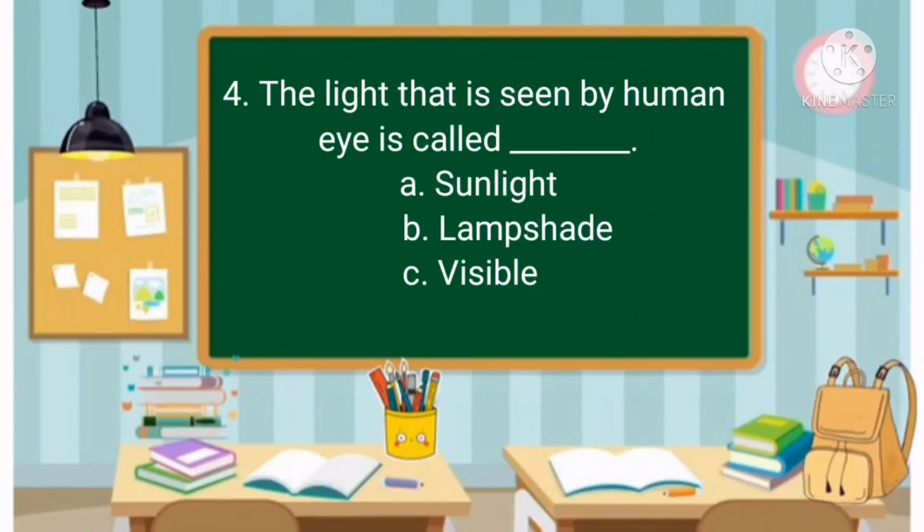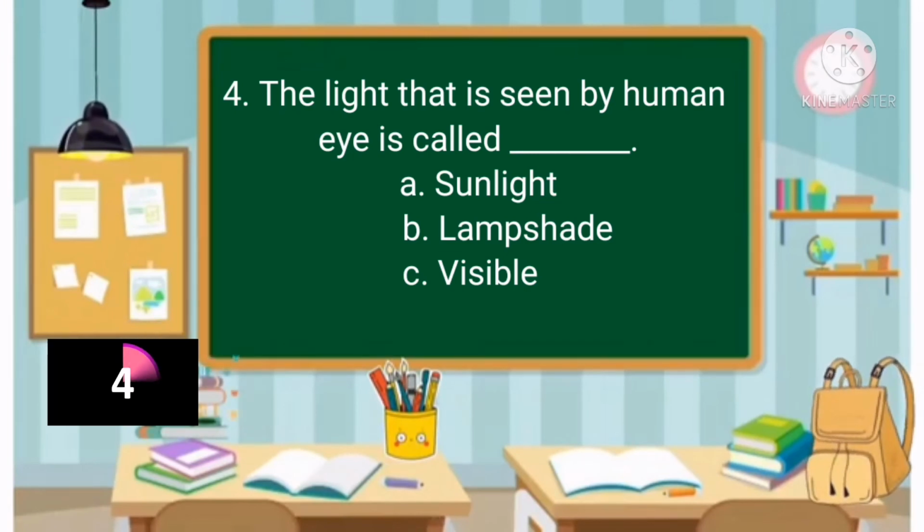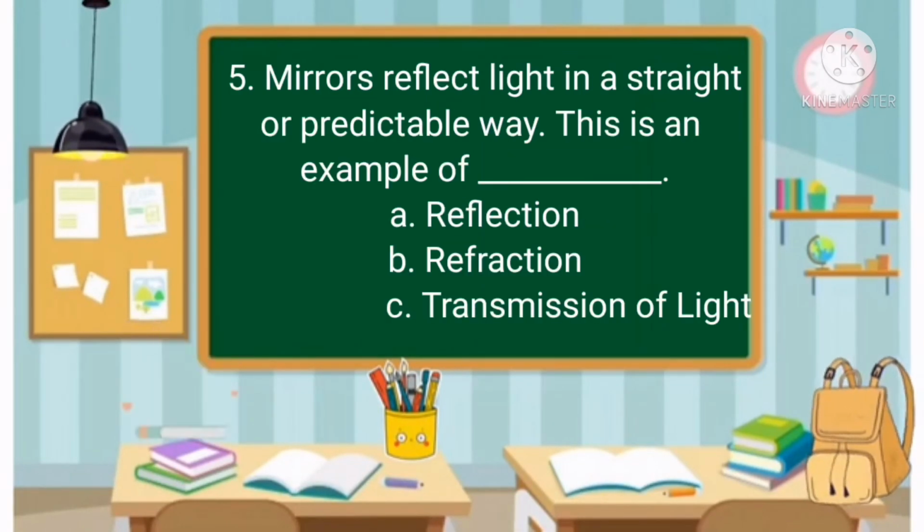Number 4. The light that is seen by human eye is called A. Sunlight, B. Lampshade, C. Visible. Number 5. Mirrors reflect light in a straight or predictable way.